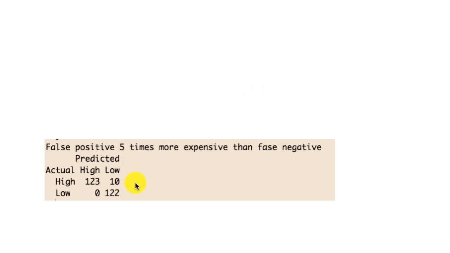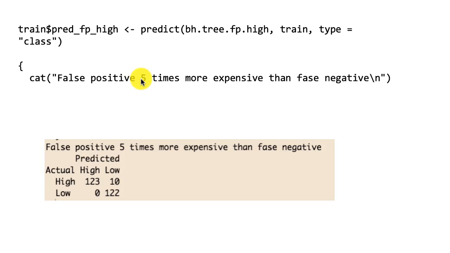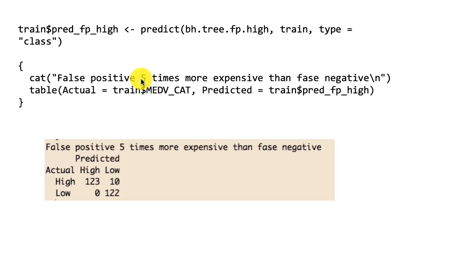Okay, so now when we go and find the predictions and generate the error matrix, since a false positive is 5 times more expensive than a false negative, clearly the system is more prone to classifying something as a low rather than as a high, because a false positive is penalized. So it's going to be more careful when defining something as positive.